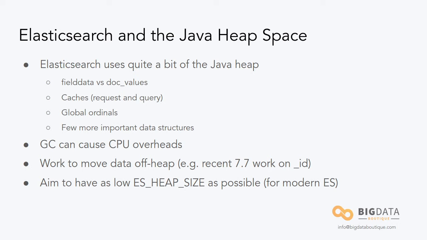Then Elasticsearch over the years, since version 5, made those actually disk-based, so basically taking that off heap. And essentially Elasticsearch is trying to do this to as many data structures as they can.